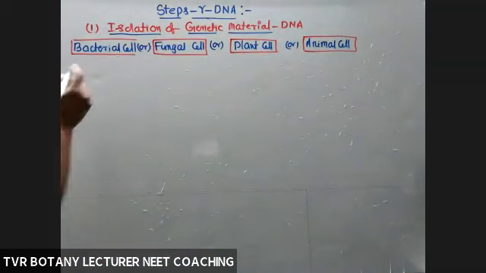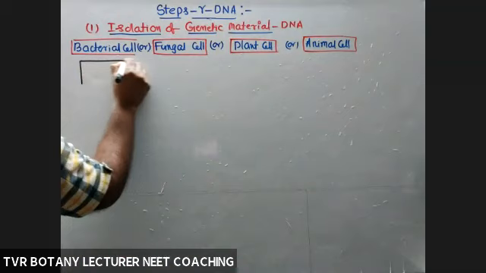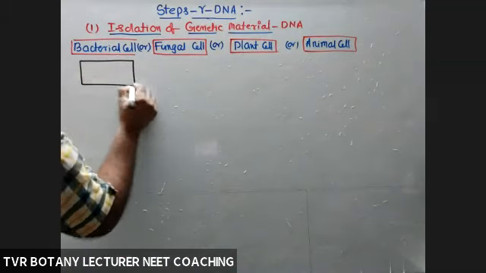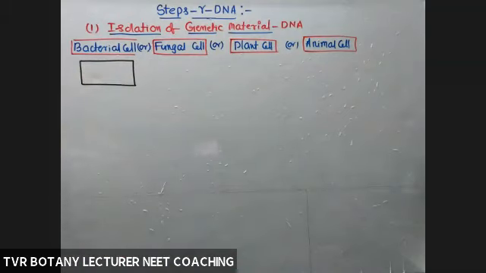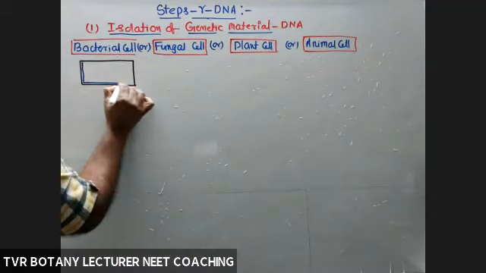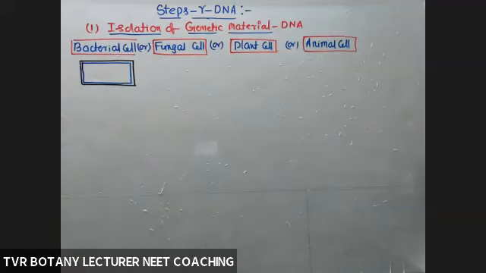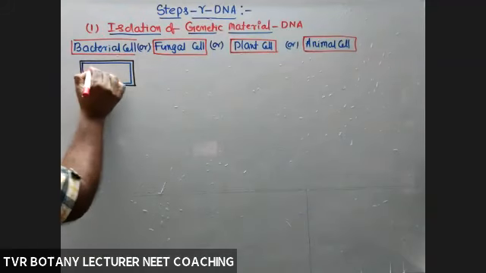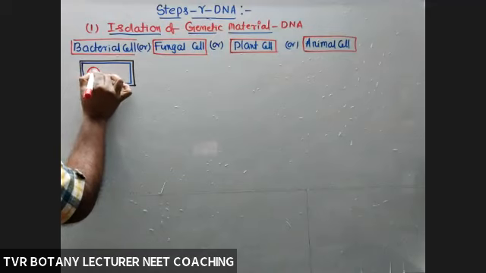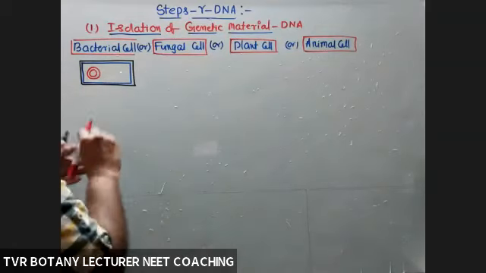So first one, bacterial cell. Bacterial cell is with a cell wall, this is cell wall, and this is a plasma membrane. And this is the DNA, the main genetic material, a double stranded DNA molecule in the nucleoid region. And what about fungi?